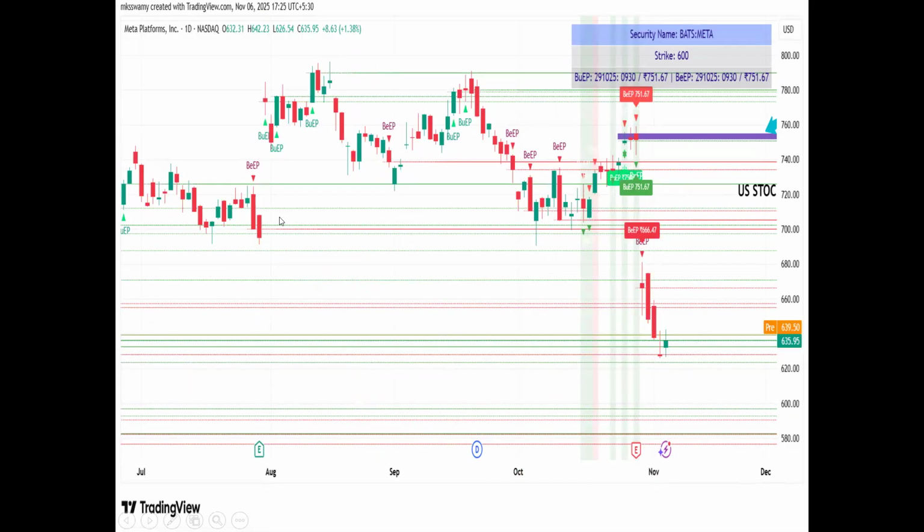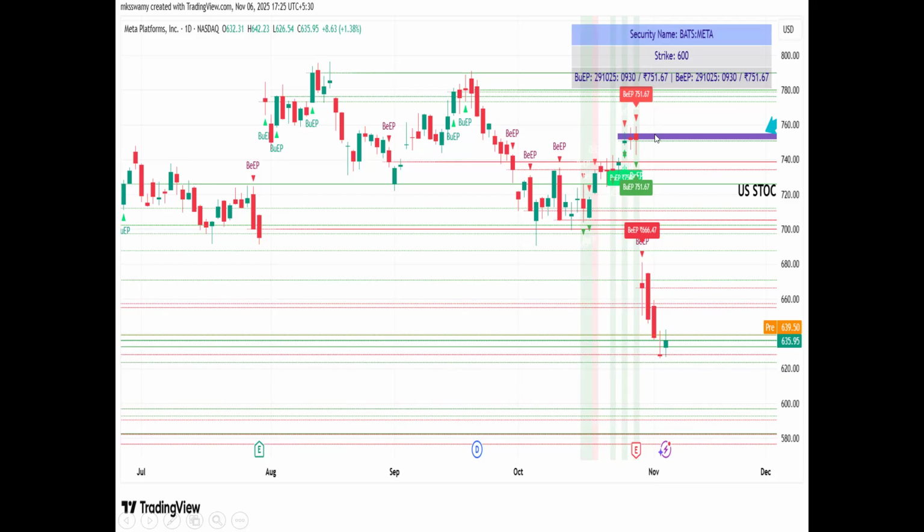I have taken an example from USA stocks too, Meta Platforms. It reflected bearish and bullish EP on that day. After the confusion, the bears have dominated and the direction is moving towards the downside.